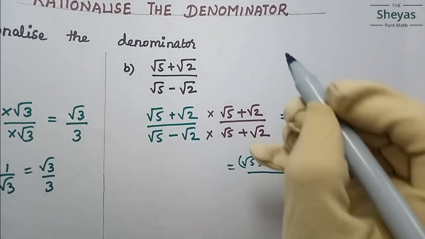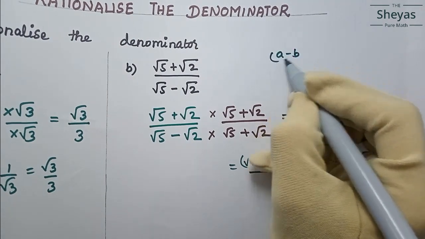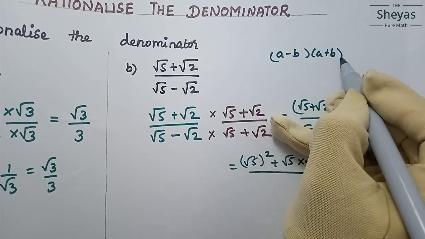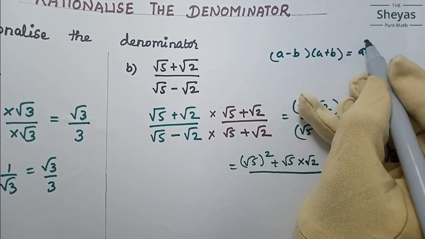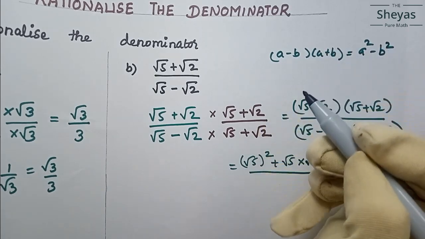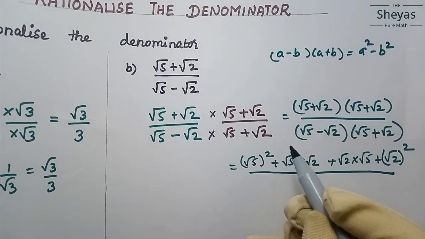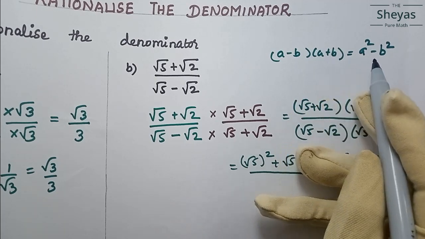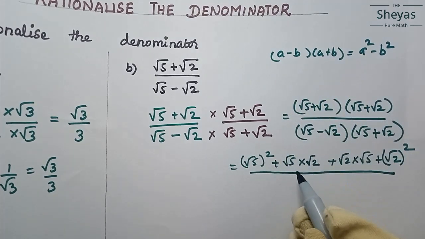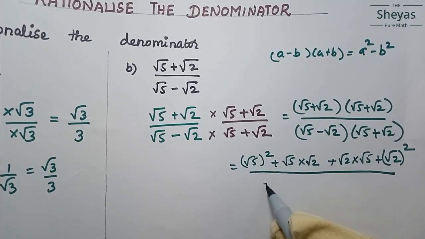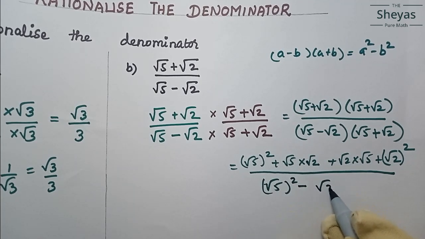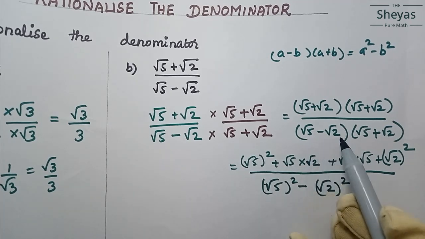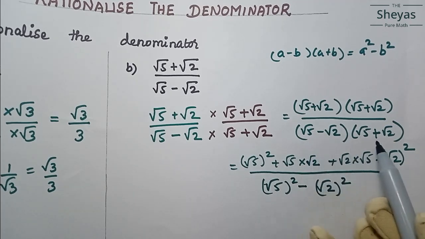So this is of the form a minus b into a plus b. What is the formula for this? a square minus b square. So a minus b into a plus b can be written as a square minus b square. So root 5 the whole square minus root 2 the whole square, because a is root 5 and b is root 2. I am applying the formula.